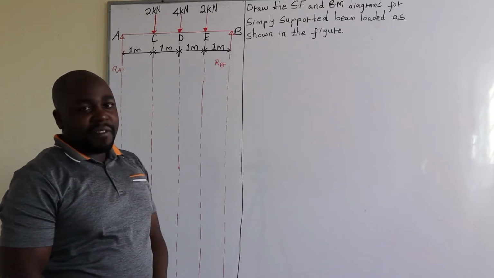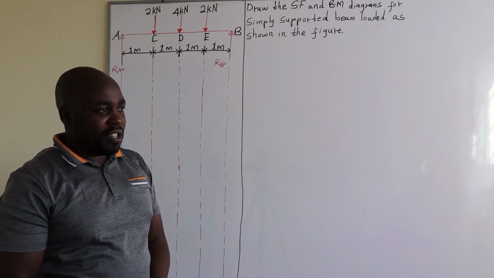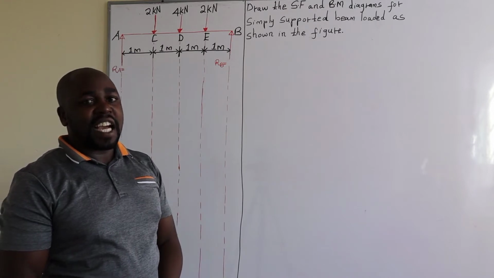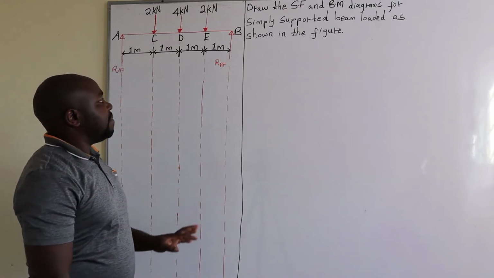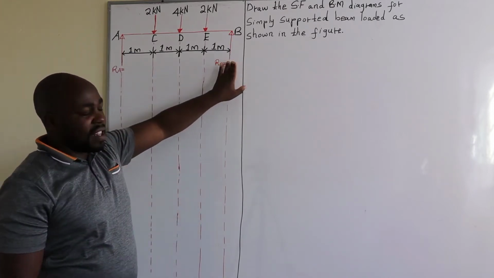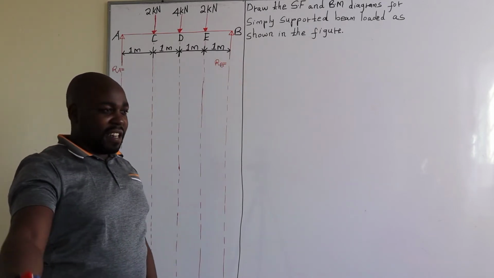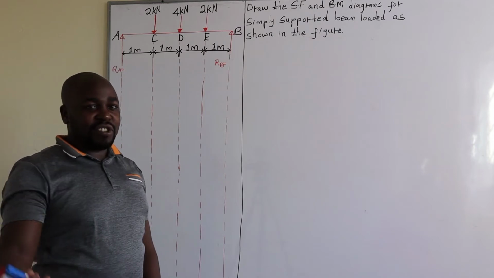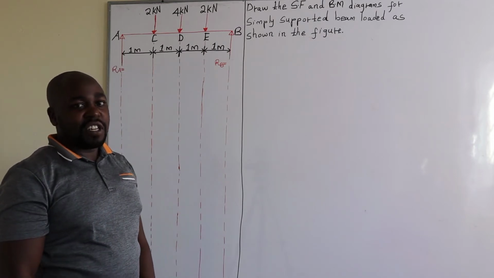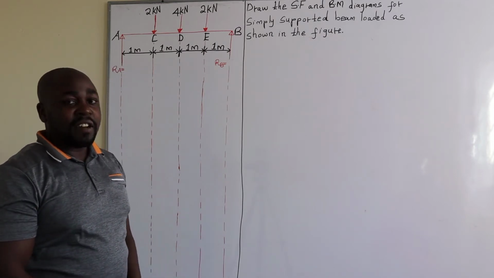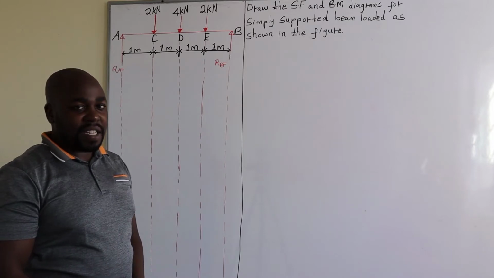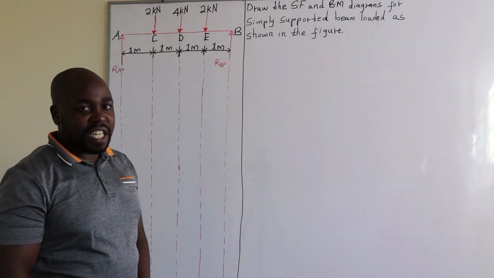Now, our very first thing will be to determine the reactions, because in our case here, the beam is simply supported, and in physics, that is Newton's third law of motion, which usually states that for every action, there must be an equal and opposite reaction.